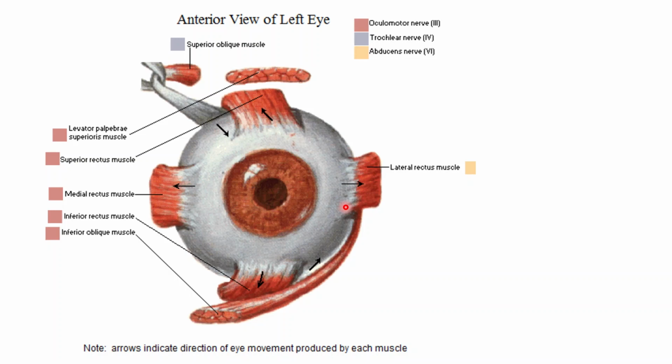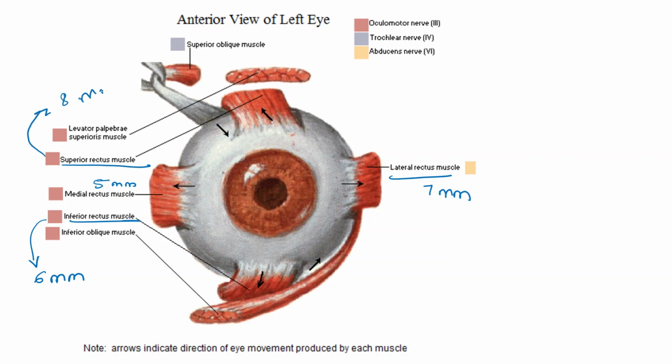The medial rectus is closest, attached about 5 mm behind the junction. Next comes the inferior rectus, about 6 mm behind. The lateral rectus is about 7 mm behind, whereas the superior rectus is inserted about 8 mm behind the junction.